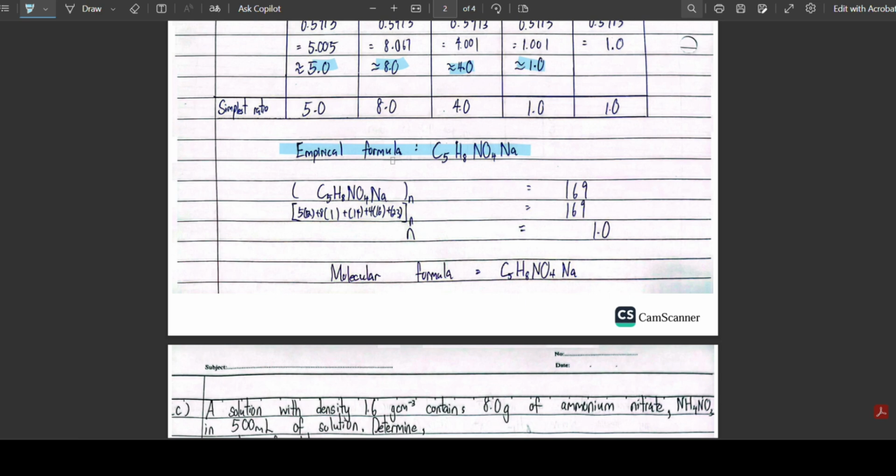After we find out the empirical formula, we need to find out the molecular formula. So we will substitute the empirical formula into the equation, and then we find out the molar mass for the empirical formula. Then we will get the molecular formula.